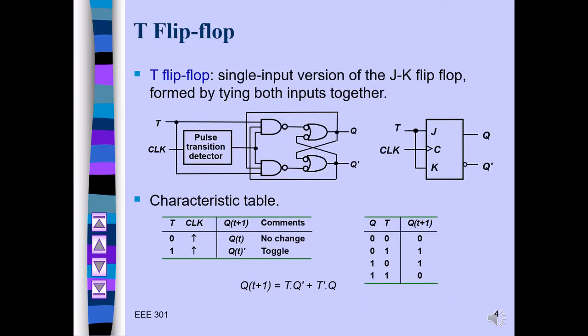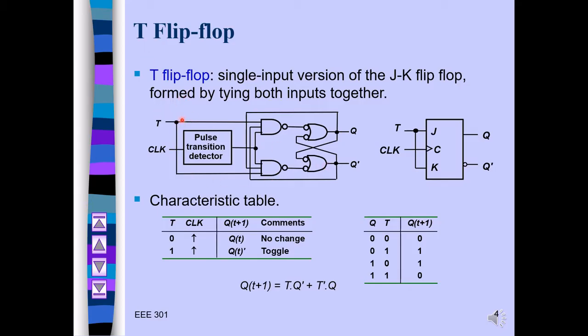So now let's discuss the T flip-flop. The T flip-flop is a single-input version of the JK flip-flop, formed by tying both inputs together. That was similar to the JK, so that was your J, that was your K, but if you tie this K with this one, it becomes a T flip-flop, so this becomes shorted here.